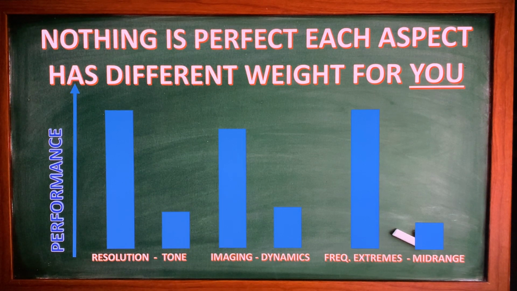So if you have a certain budget and you are looking for a product, then you can pick one parameter. Either it will have a great tone or it will have high resolution, but the two do not come together. If you want them together, it will be something at a higher price category. That's how it works.